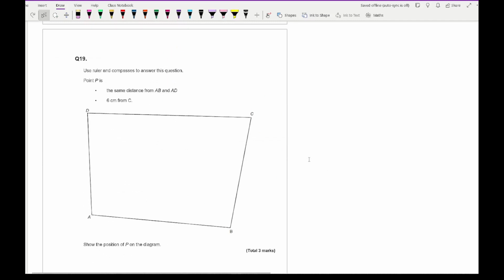Then moving on to question 19, it says use the ruler and compass to answer this question. So point P is the same distance from AB and AD, and it's 6 centimeters from D. So what we need to do here is draw an angle bisector between AB and AD.